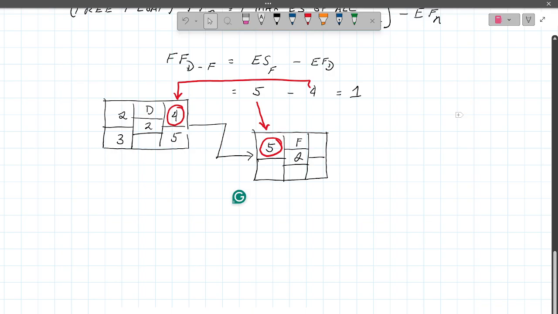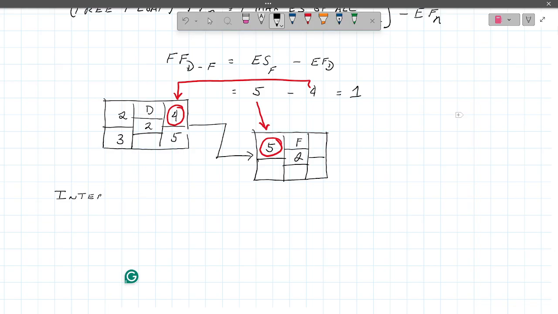Okay. All right. The next one. Interfering float.